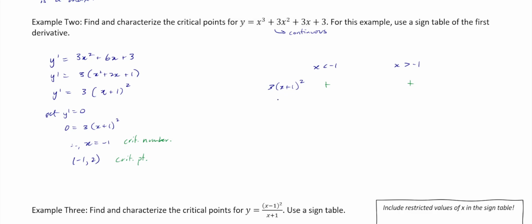And so that means that my first derivative, or y prime, whatever you want to say, is always going to be positive. And so there's no sign change across the critical number that gives you 0.